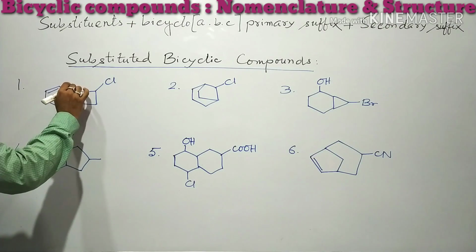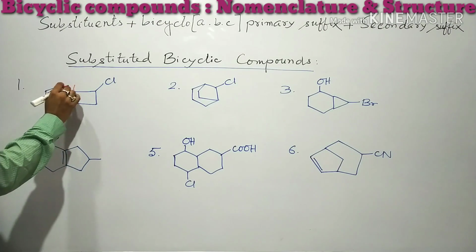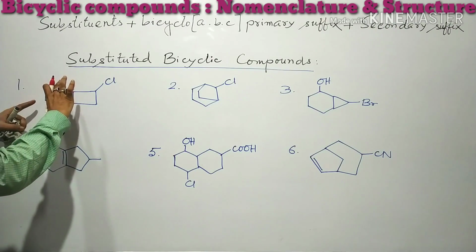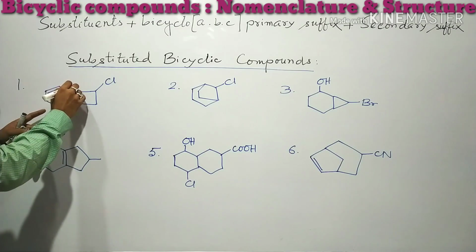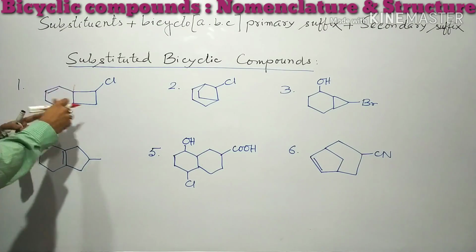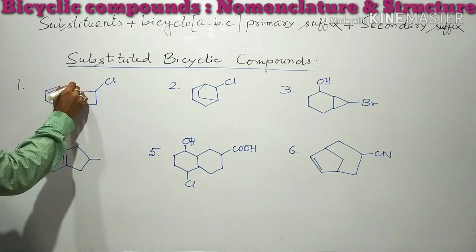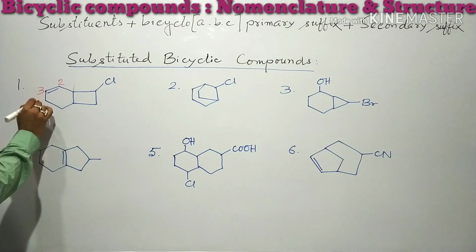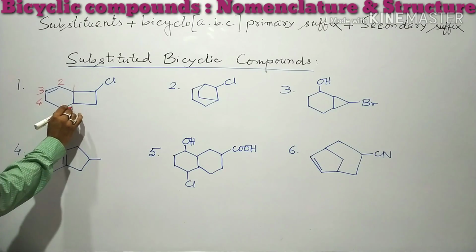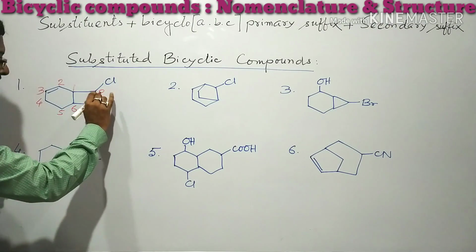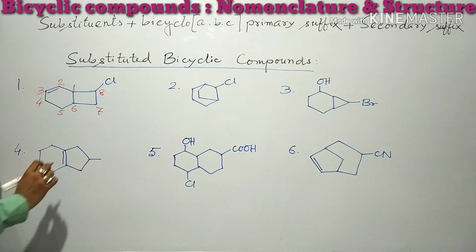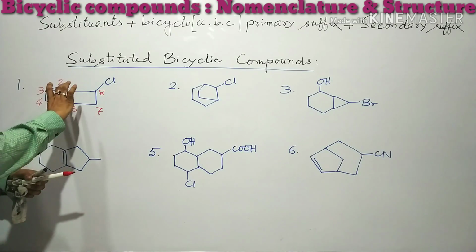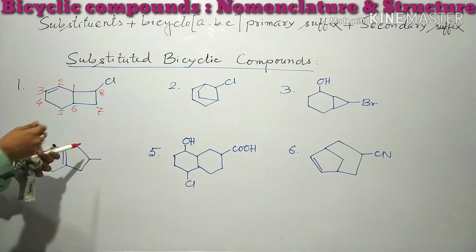The bridgehead carbon is number 1 always. The large ring, the most carbon containing ring, is numbered as 2, this is 3, this is 4, this is 5, 6, 7 and then 8. You have to number first the large ring and then the smaller ring.